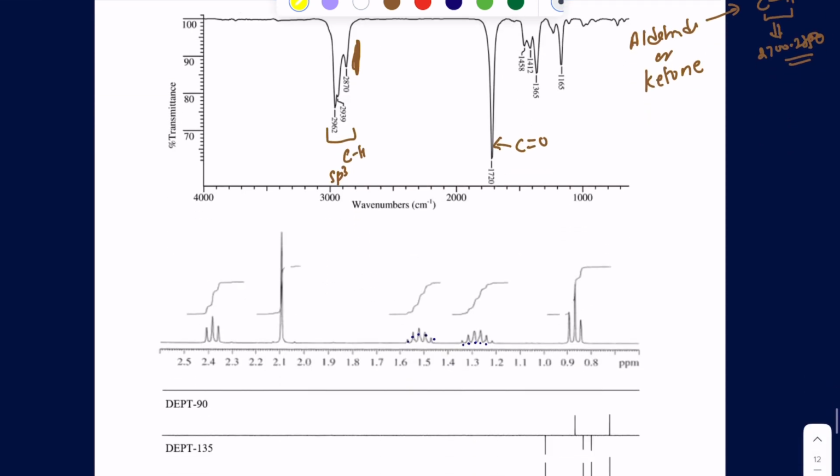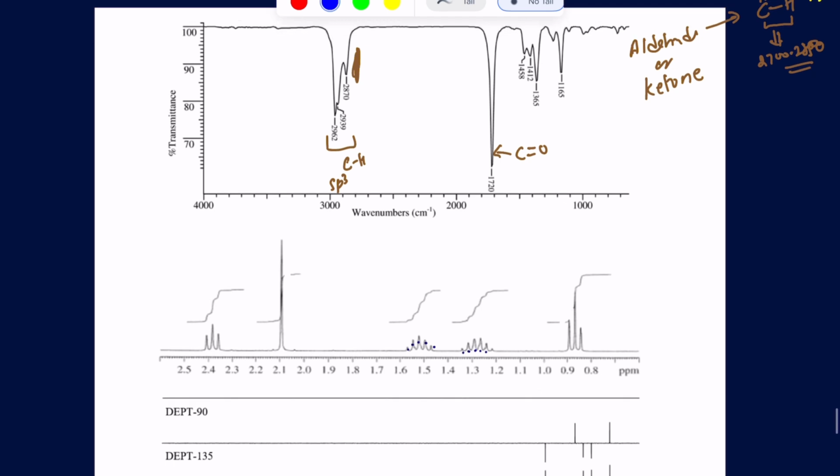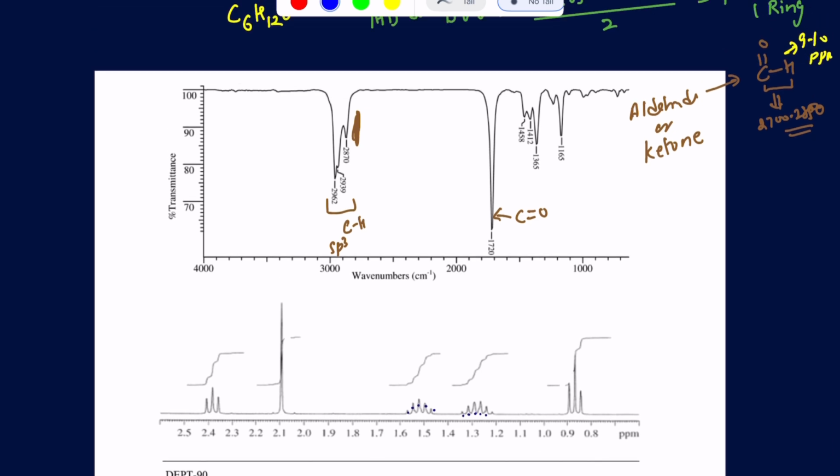When I look at the proton NMR here, it only goes up to roughly 3-ish, which means I probably didn't have any signal down there. So that means I don't have anything at around 9 to 10. That tells me that this cannot be an aldehyde. It has to be a ketone.